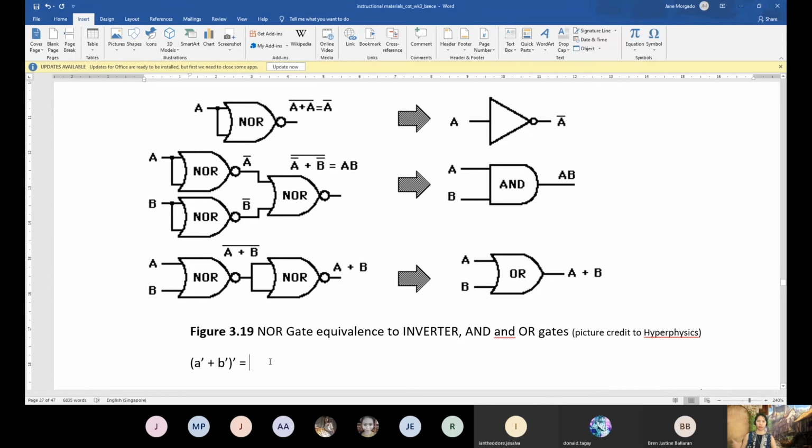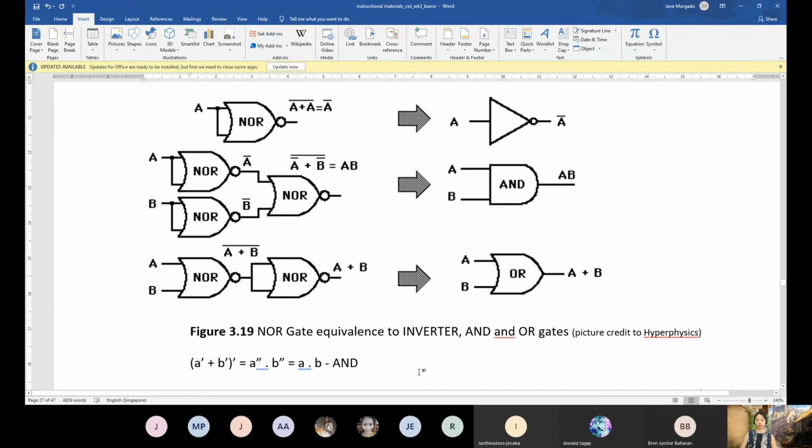It becomes A double prime, then B double prime, but we have to change the operator from plus to multiplication. A double prime: if you have prime prime, it's like negative negative, so we simply cancel it out. So it becomes simply equal to A times B. And this is actually the AND gate.